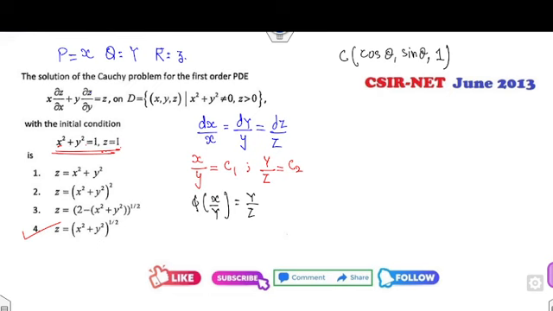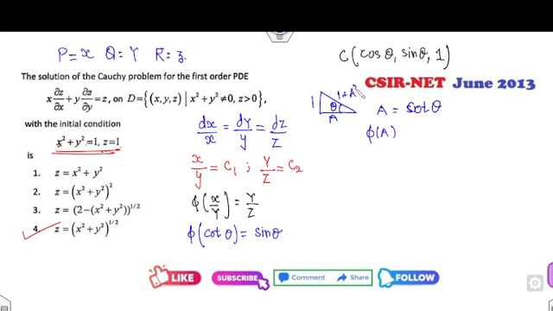z is 1. Substitute this value: x over y is cot theta, y over z is sine theta. If I take a equal to cot theta, then what is the value of a? So if a is equal to cot theta, then 1 plus a square gives sine square theta as 1 over 1 plus a square.